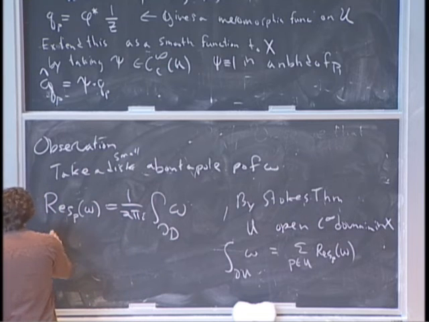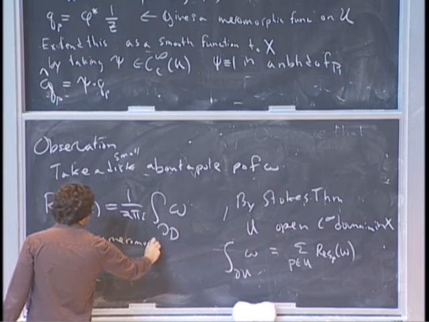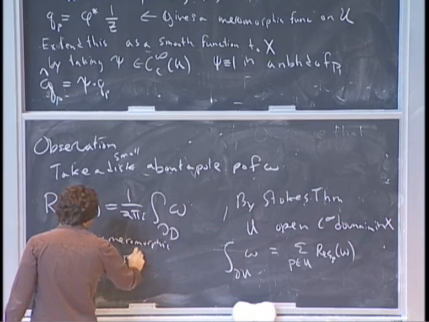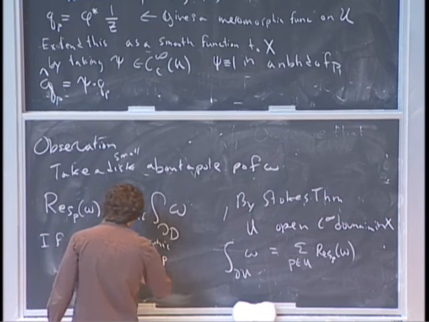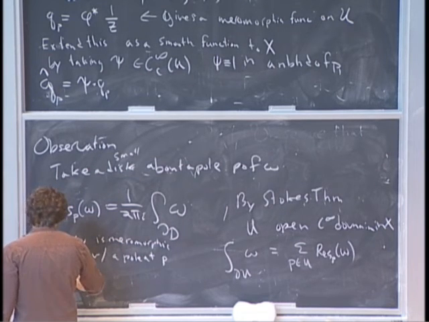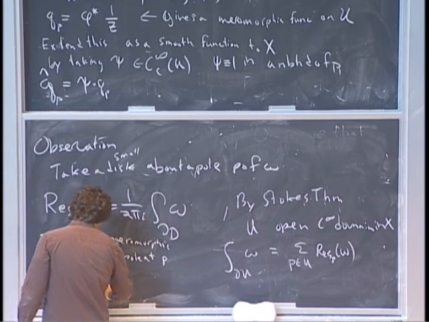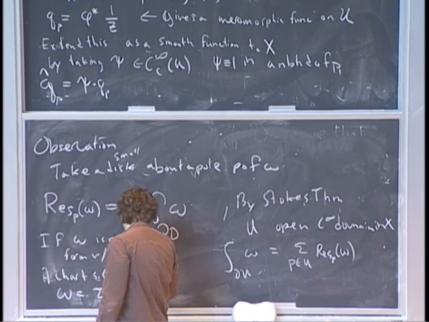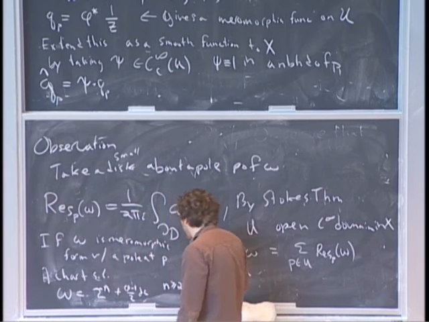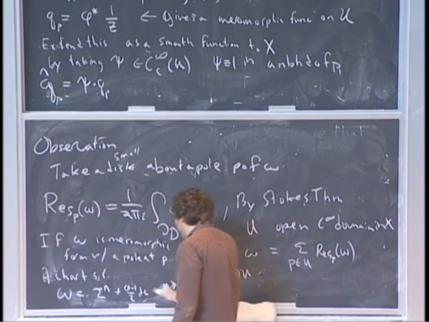If omega is a meromorphic form with a pole at a point P, then near P there exists a chart such that omega is equal to z^(-n) plus a_(-1) over z dz if n is bigger than or equal to 2, or just omega equals a_(-1) over z dz.